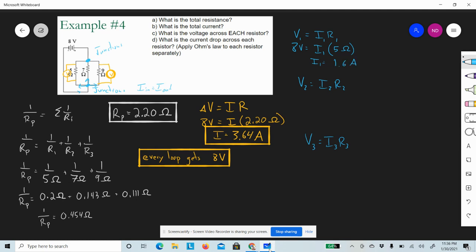1.6 amps. What is the current through this second resistor? I'm calling that one the 7 ohm resistor. Again, every loop gets 8 volts. The current is what we want to know, and we're told it's 7 ohms. So I2, the current through that resistor, equals 8 divided by 7, or 1.14.